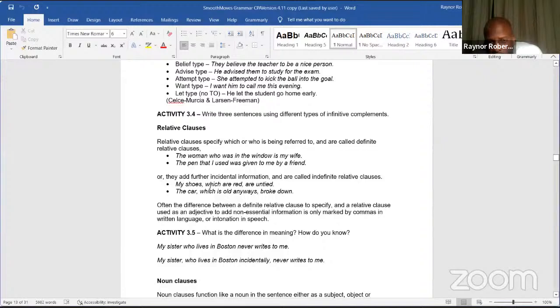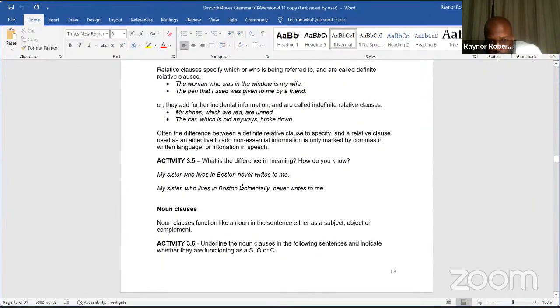It's just additional information, not necessary to the main clause. In this case, my shoes, which are red, are untied. We can read that without the two commas: my shoes are untied. The idea that they are red is not a big deal. The car, which is old anyways, broke down. We can read that as: the car broke down.